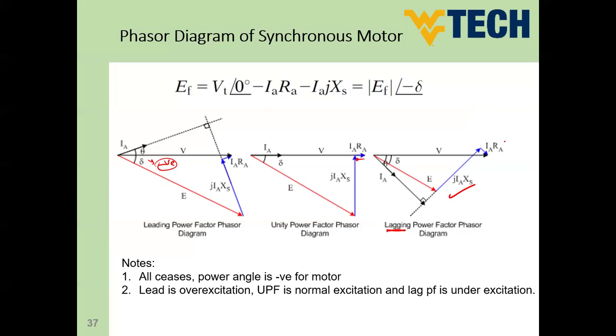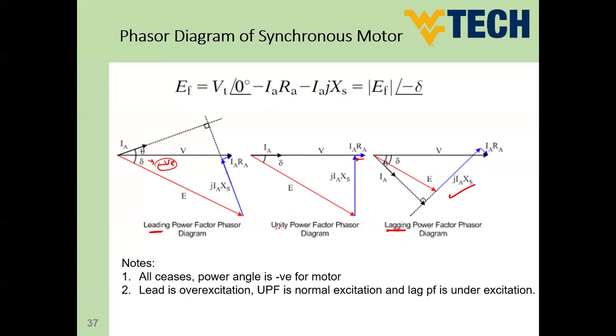Now, another observation we can get from the phasor diagram here. If you find the relation between the excitation and power factor, you would find that here the power factor is leading and the excitation vector is high compared to the other two cases.